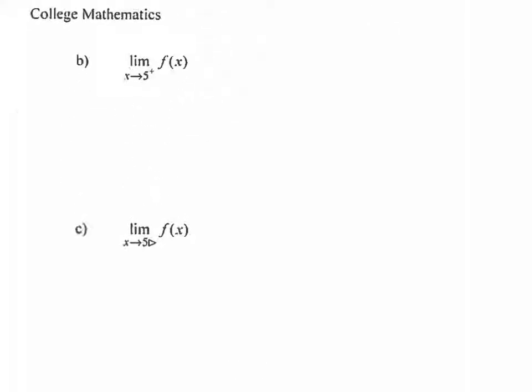Now, same function, but this time let's see what happens as we're moving toward 5 from the right side. Okay. And our function was, I'm going to recopy it since I don't have it on the screen, 4x plus 1 over (x minus 5) squared. And what I'm interested in is the signs.